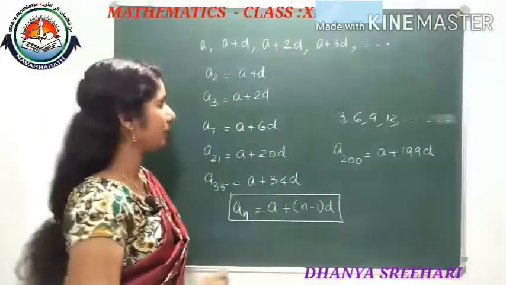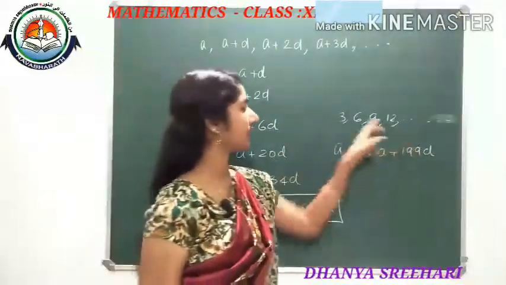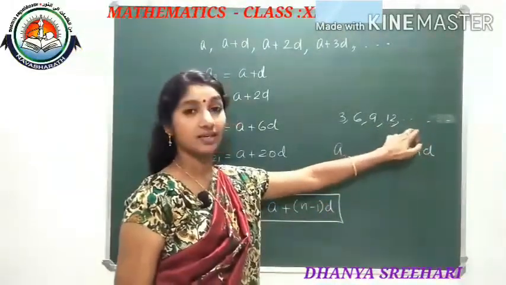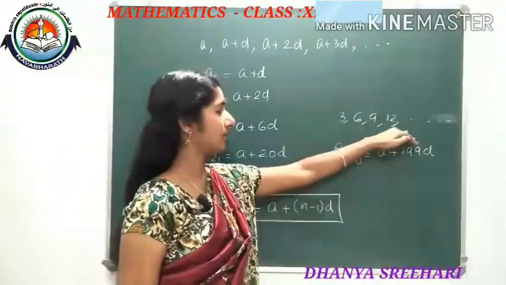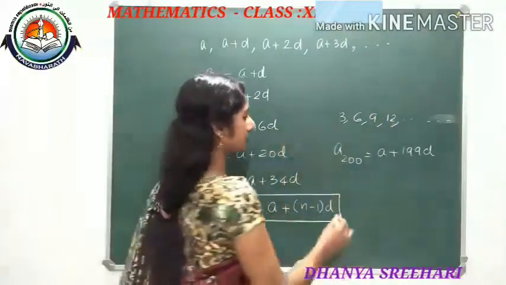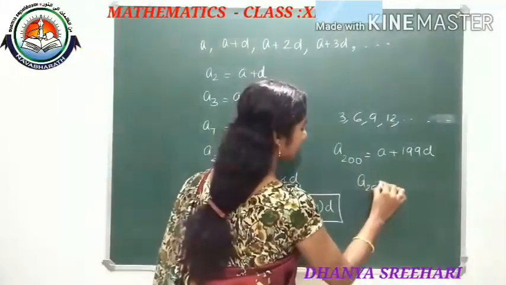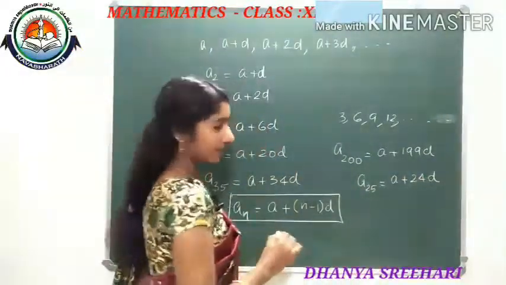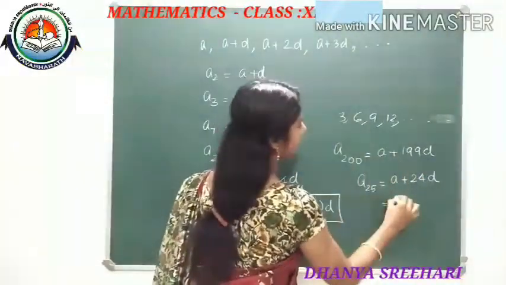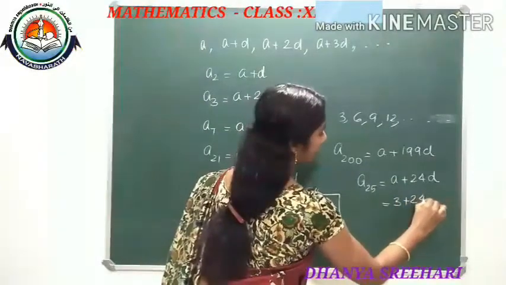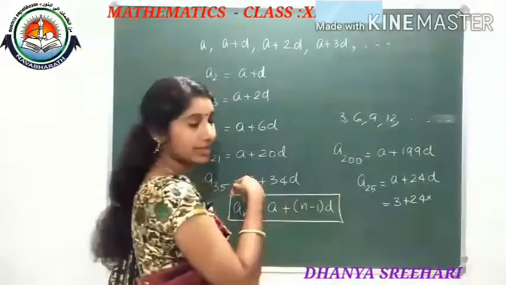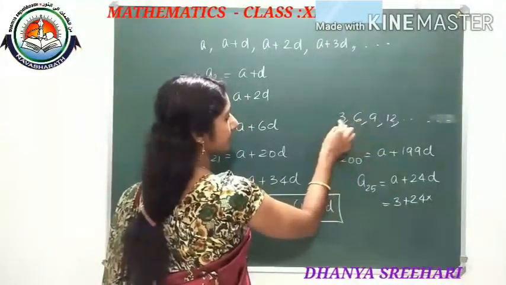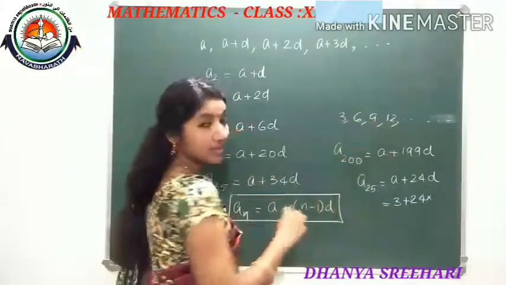Okay. So if you have an AP, see this is one AP, arithmetic progression 3, 6, 9, 12, etc. What will be its 25th term? The 25th term A25 is equal to A plus 24D. A is 3 here, so 3 plus 24 into D. The common difference is also 3, because 6 minus 3, 9 minus 6, 12 minus 9, 3 is adding.